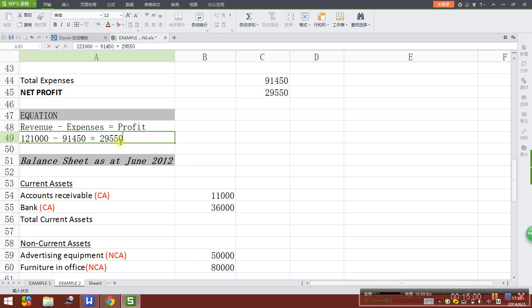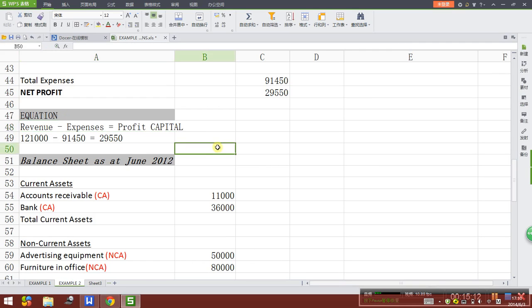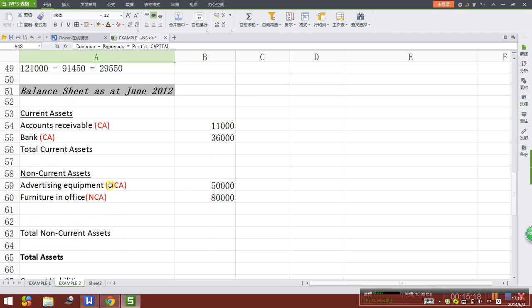Also, this is the plus the capital. So in the balance sheet, you must pay attention to the asset, liability, and non-current or current, or equity.